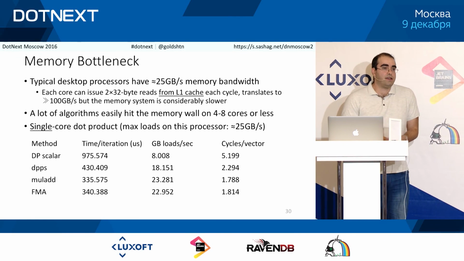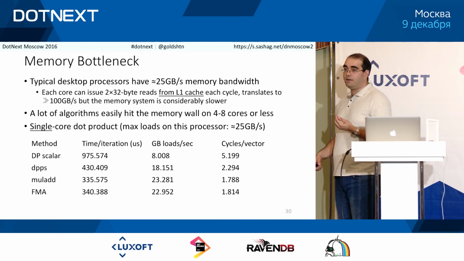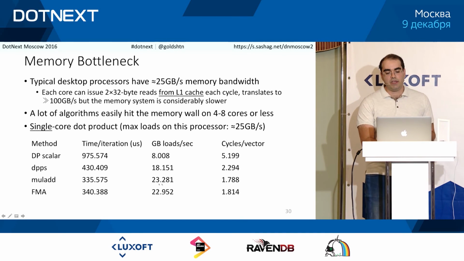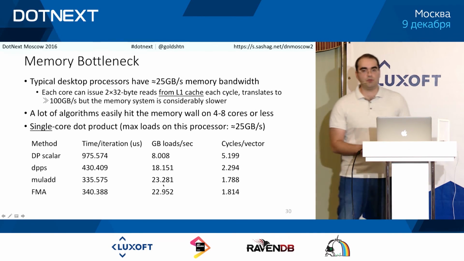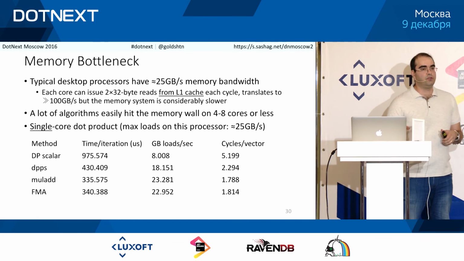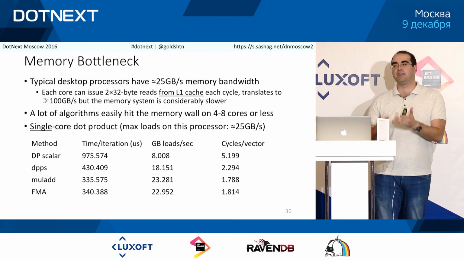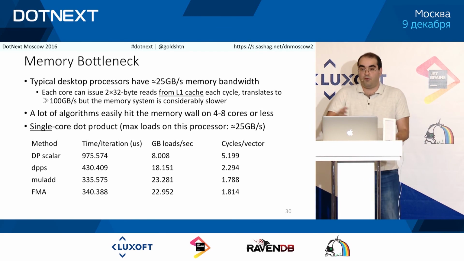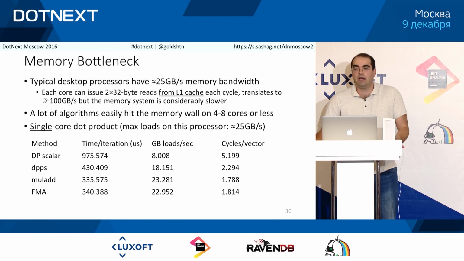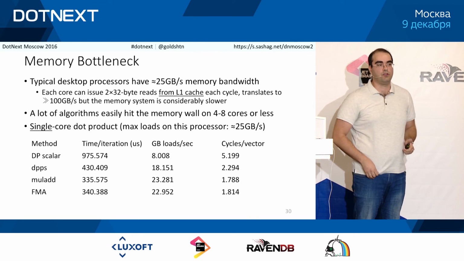I was able to take a very simple operation, calculating a dot product, and make it run on just a single core with approximately 23 gigabytes of loads per second. So just a single core was pretty easily able, on a real algorithm, to get pretty close to the maximum theoretical memory bandwidth my processor can support. If you have 4 cores, and I have 4 cores, I could also have 22 cores or 72 cores, it's obviously impractical to keep parallelizing if memory is your bottleneck.